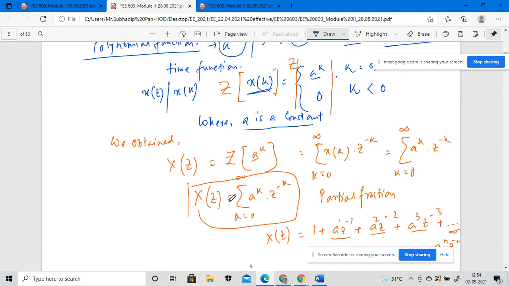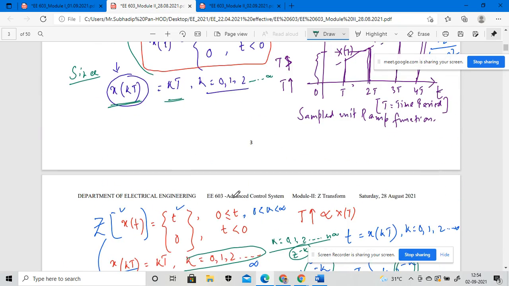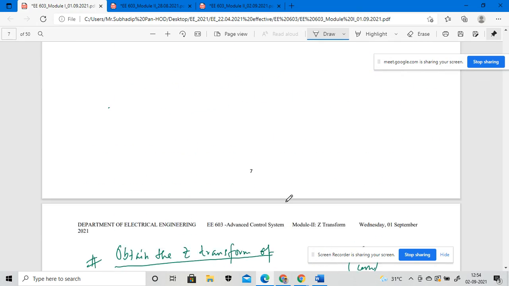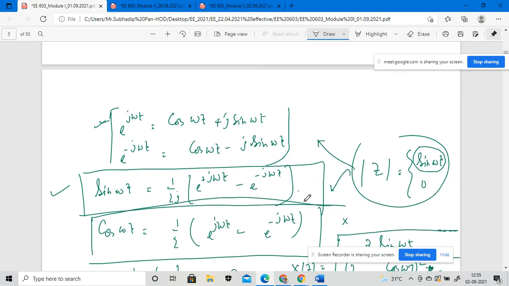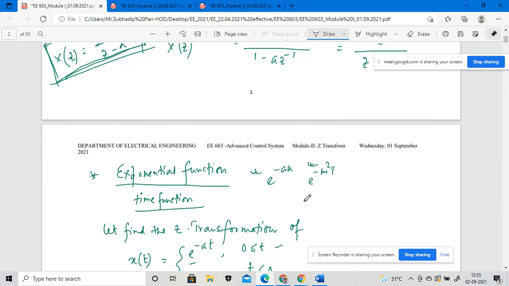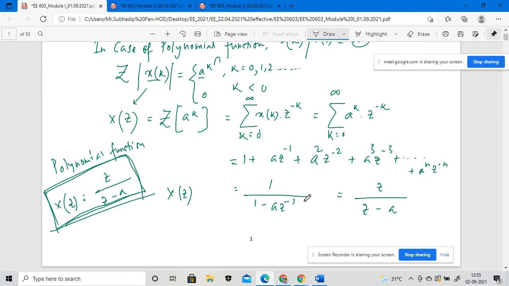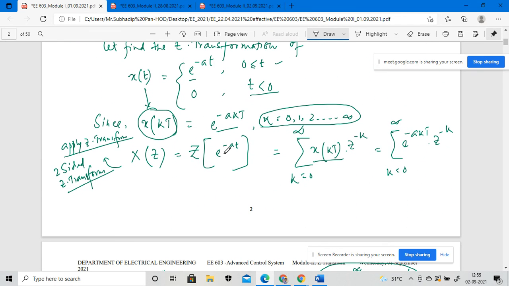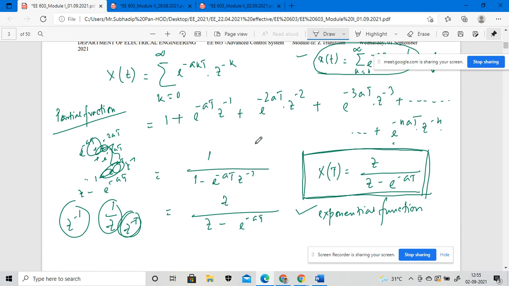In this part, we have to find. Yes. So this is for the exponential function e to the base minus at. See these things: z divided by z minus e to the base minus at.